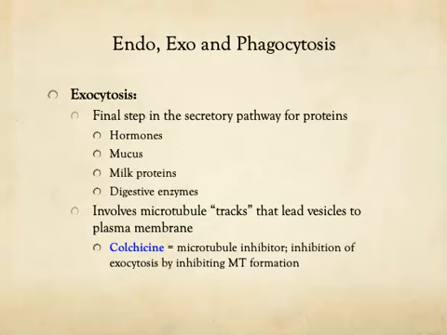Exocytosis sends vesicles to the membrane along microtubule tracts. Now, we haven't talked about the cytoskeleton yet, but for now, understand that one of the parts of the cytoskeleton is microtubules.